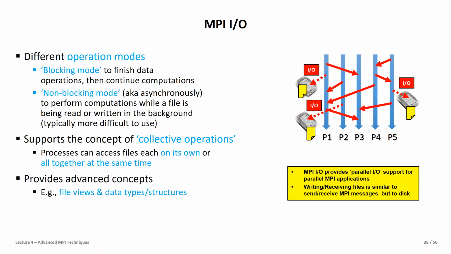So we have collective operations, right? We don't want every little processor doing one thing itself. We want a collective set of processors all doing the same thing, but maybe in different parts of the file. We have a blocking mode, so we wait until the I/O is written, for instance, or we have a non-blocking mode, so we can asynchronously perform computation while we still write and read, because essentially you stress other parts of the system.